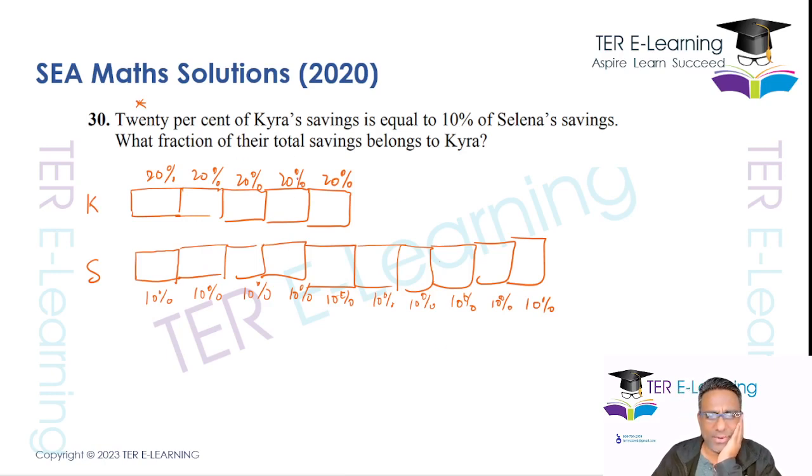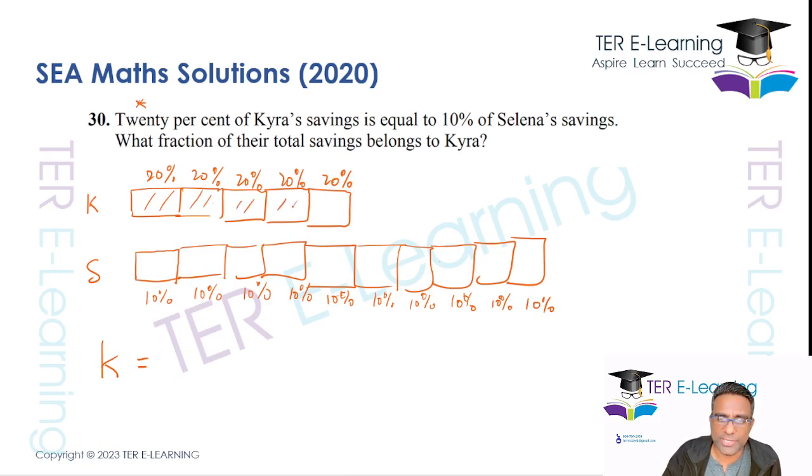So if you want to work out Kyra's fraction, what fraction of their total savings? If you look at how many boxes we have here, because each of these boxes has the same size, Kyra's savings has a total of 5 boxes.